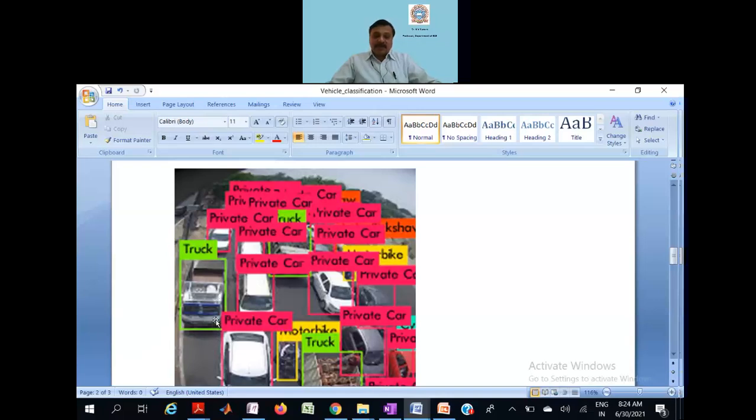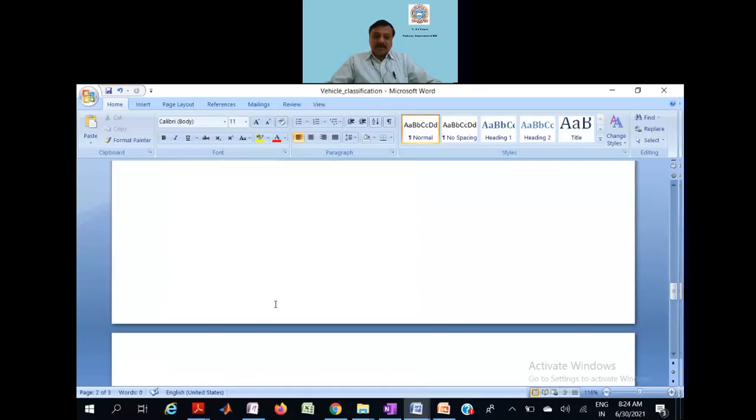You can use different features to train your system. I can directly say this is a truck. A bus will have a different view, a car will have a different view, a two-wheeler will have a different view. So the complexity is how you detect whether it is a truck, a car or a two-wheeler.